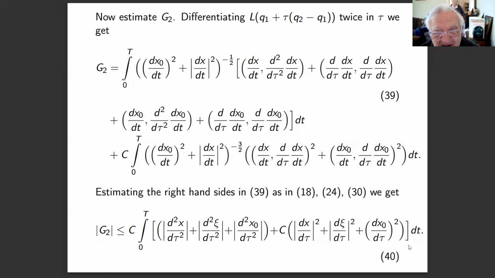So we estimate 39 using the estimate from the previous chapter about the solution of the Hamiltonian system.